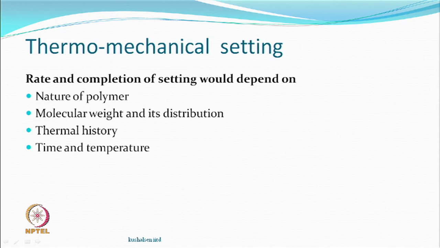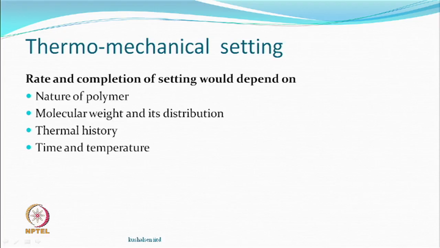What will we do? Will you go to a melting temperature and do thermomechanical setting? So, there will be another temperature which will be the optimum temperature for setting purposes, where the fiber remains intact, it still looks like a fiber, but the internal morphology is changing.